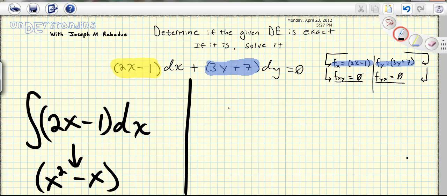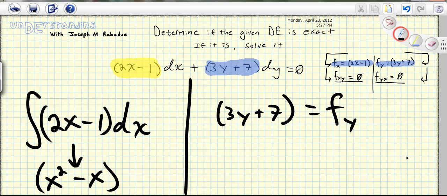So now we look at our second function and we say, okay, it's 3y plus 7. And we know that this function is our original function that we're looking for with respect to y. We've already assumed this and then we've proved it. So how do we undo that? We take the integral with respect to y. Let me get rid of that.